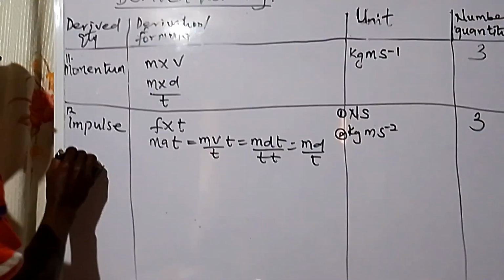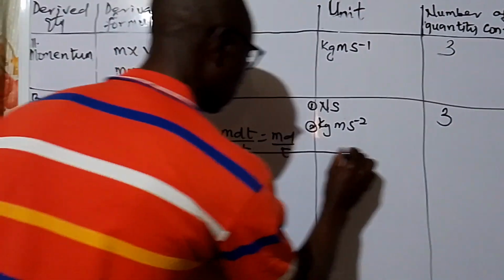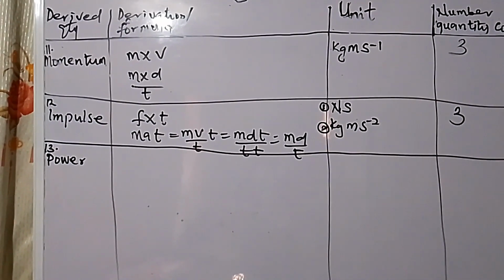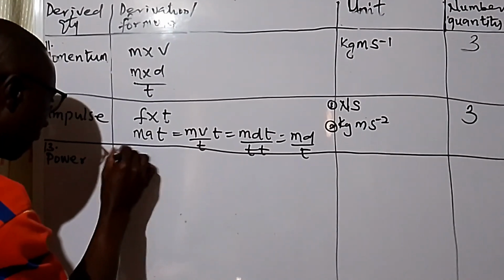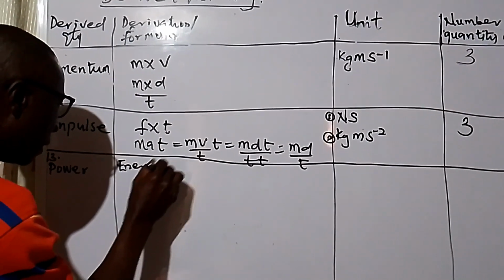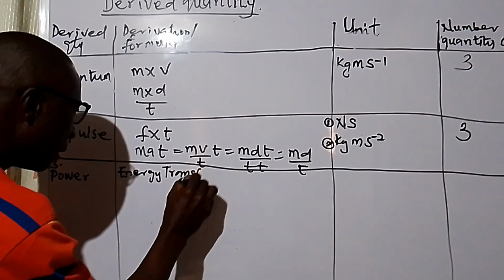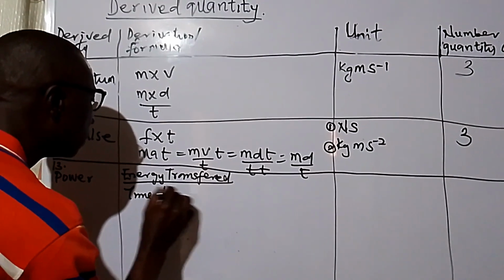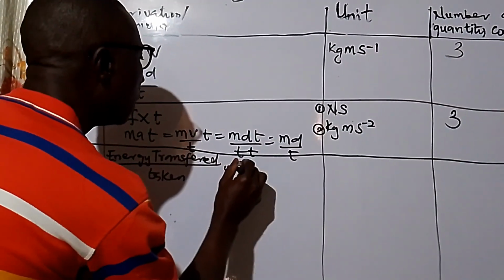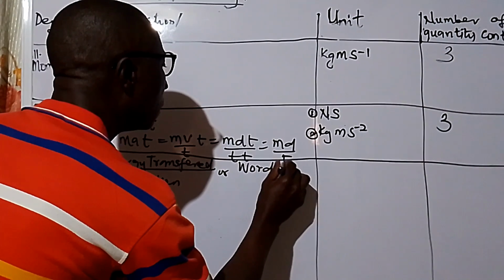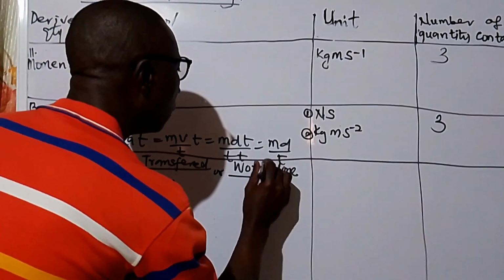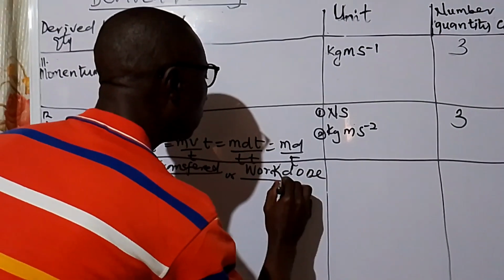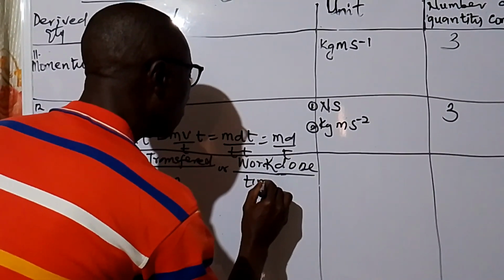Power, the formula of power is energy transfer over time taken. Or you say work done over time taken.